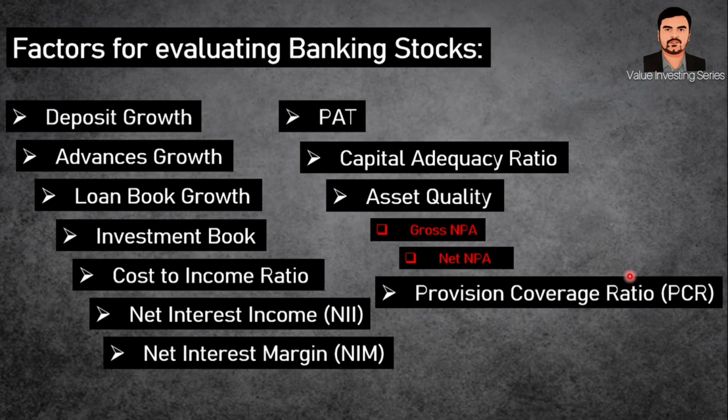So PCR indicates the extent to which the bank has provided for the weaker part of its loan portfolios. Because, as I told, if the bank expects a particular loan to go as an NPA, then they have to consider higher provisions, which is actually not good for the bank, because they are taking a risky shot there.